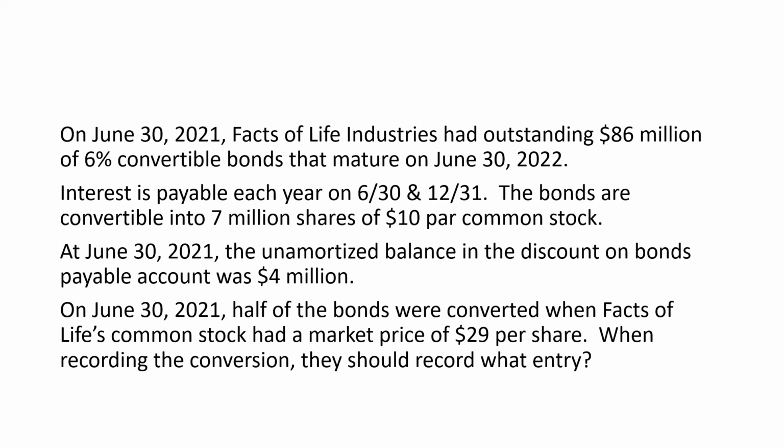At June 30th, 2021, the unamortized balance in the discount on bonds payable account was $4 million. Also, half of the bonds were converted when Facts of Life's common stock had a market price of $29 per share. When recording the conversion, they should record what entry?